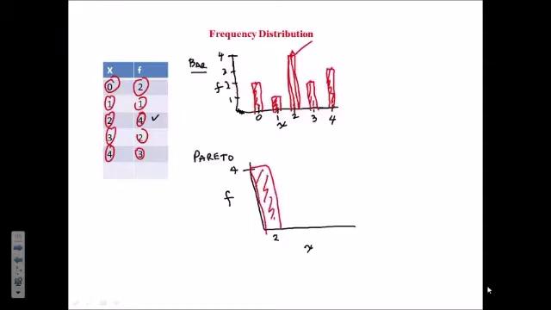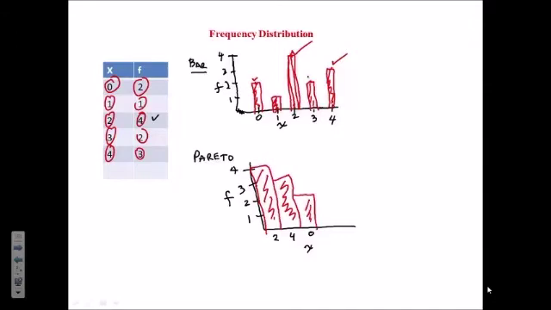Then the next highest bars would be 4, which has a height of 3. So we'll put 4 here and make a bar going up to a height of 3. Something like that. The next highest bar would be 0, which goes to a height of 2.